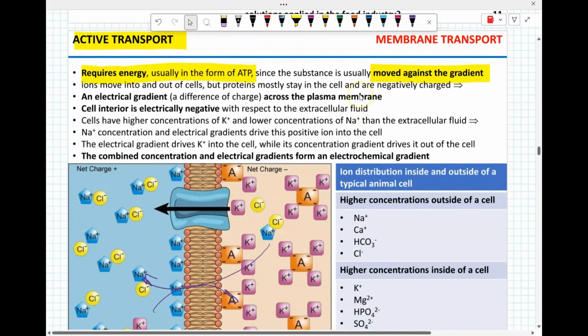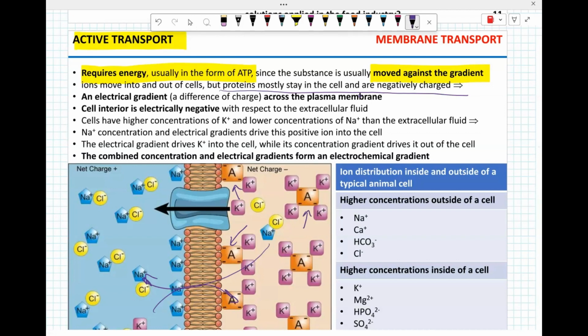But first we need to figure out what determines the charge on the membrane, because membranes are charged. Turns out that the proteins that stay in the cell, and proteins are negatively charged, these letters A represent proteins, that creates a net negative charge on the intracellular part of the membrane and positive charge on the extracellular part of the membrane.